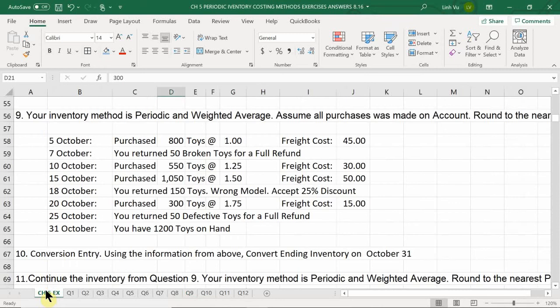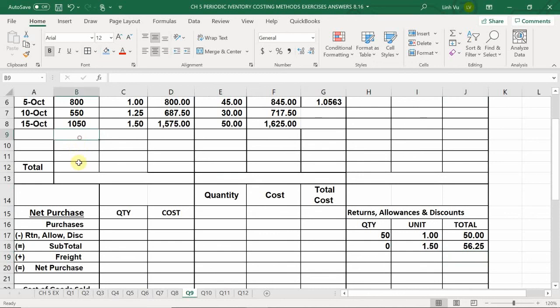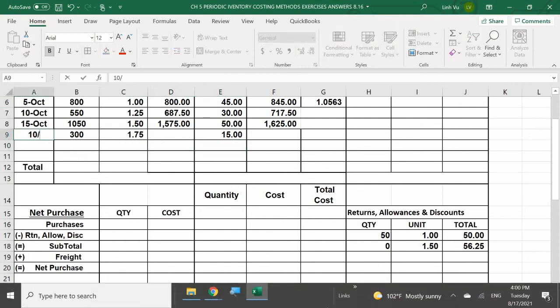So then on October 20th, we end up purchasing another 300 toys at $1.75 with a freight of 15. 300, $1.75, and 15. So you purchased 300 at $1.75 with a freight of 15, and this was on October 20th.